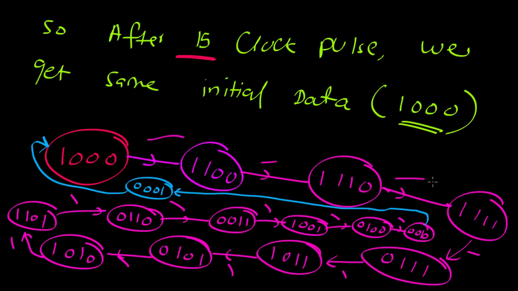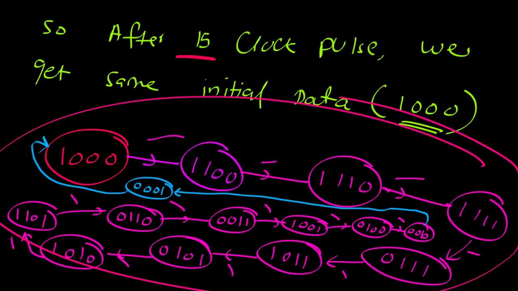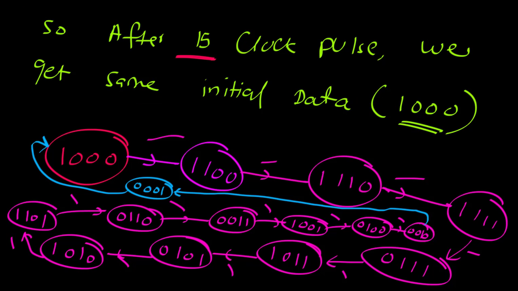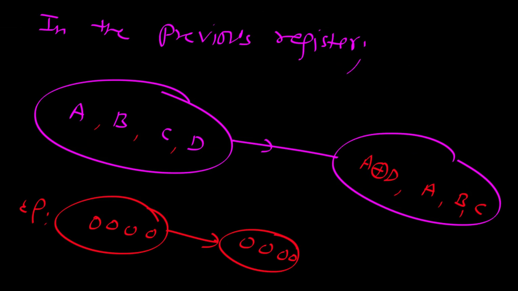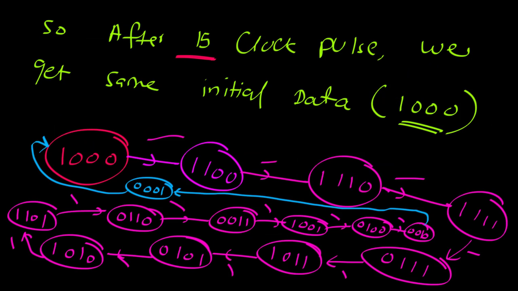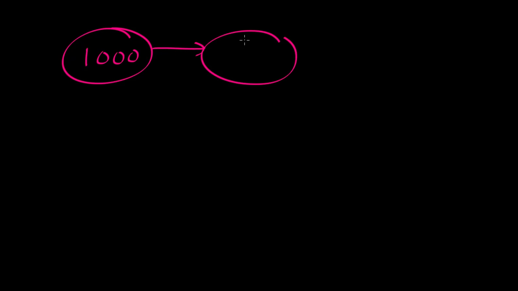Here you can notice that 2 power n minus 1 distinct patterns are generated. If you start from this sequence, 1 0 0 0, then from this sequence you get 1 1 0 0 and so on.